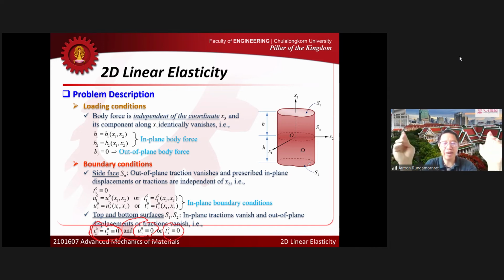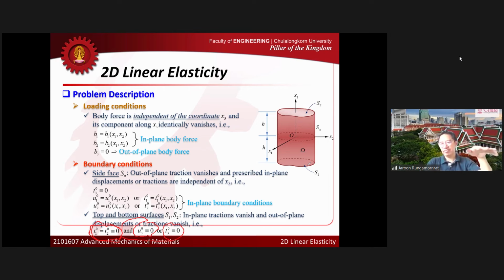So two types of boundary condition at the top and bottom surfaces are considered here. The first type, the traction are 0 in all directions at both ends. And the second type, we constrain the movement in the out of plane direction, but we apply 0 shear traction.